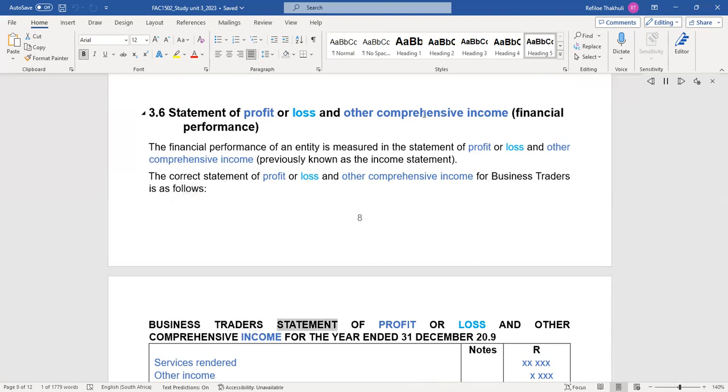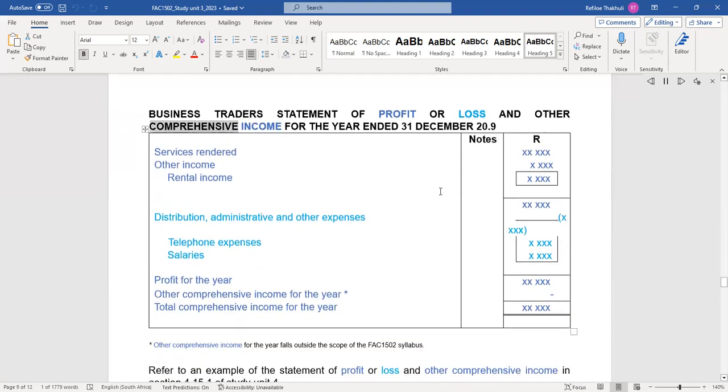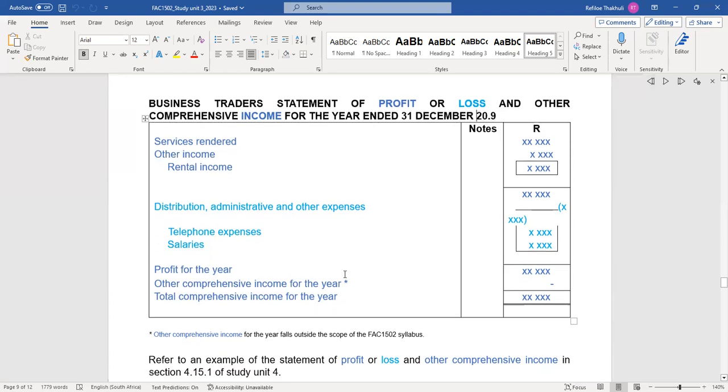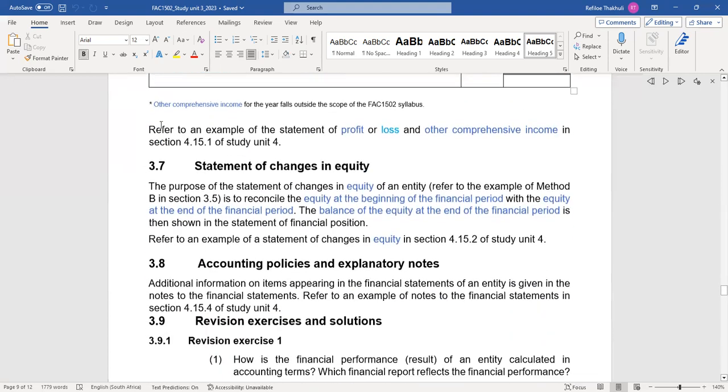Business Traders Statement of Profit or Loss and Other Comprehensive Income for the year ended December 31, 20.9. Refer to an example of the statement of profit or loss and other comprehensive income in section 4.15.1 of Study Unit 4.